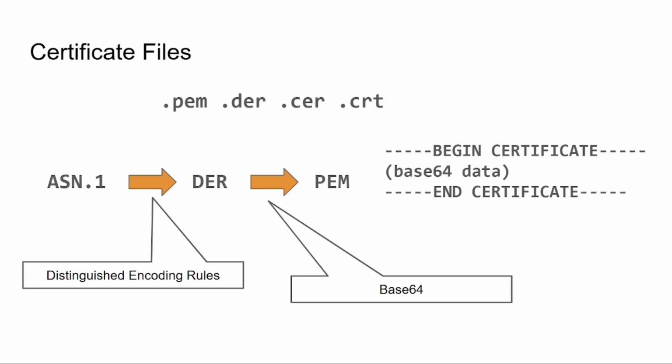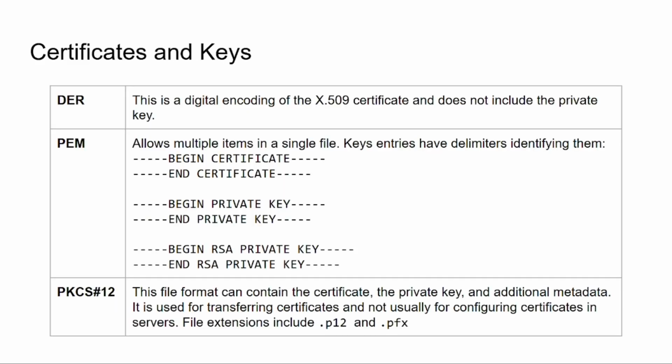That's all it is. Sometimes you want to have one file with both the certificates and the key. You should always encrypt the key in this case. If it's to be installed in a server, you can separate the key and store it unencrypted in the server configuration later. But the private key encryption is standardized under the public key cryptography standards as PKCS number 8. So the DER file format will only contain the certificate.